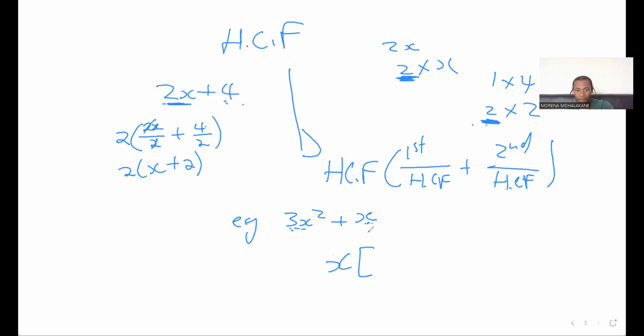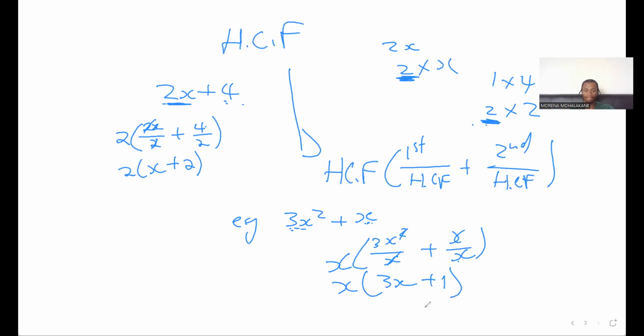So I'm going to have x. So I have 3x squared divided by x plus x divided by x. This cancels, so you have 3x. X over x is equal to 1.